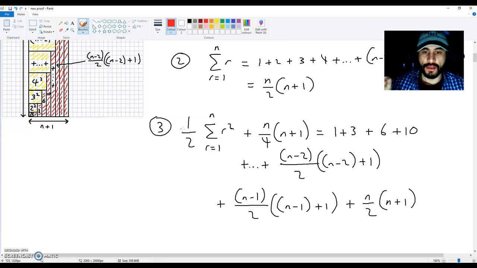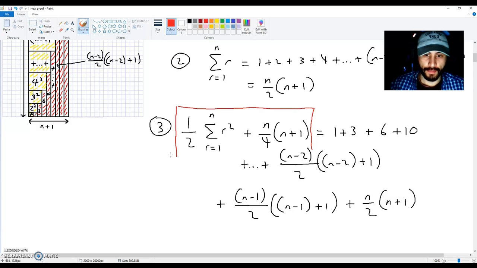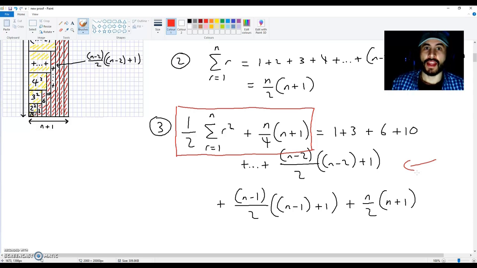Now, if you want to understand why this is the case, why this over here is equal to all of this, then I would advise you to watch the video that I've placed below this video. There's a link to it, and it's a 40-minute video, and it will explain why this is equal to all of this over here.